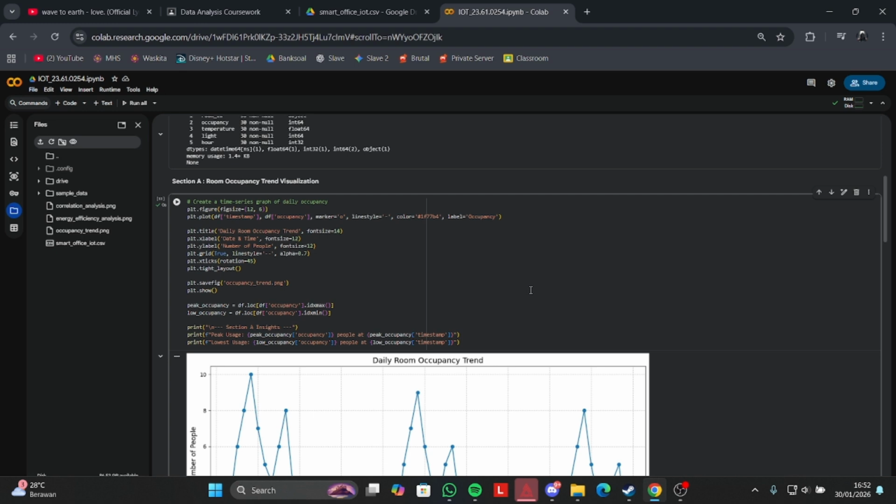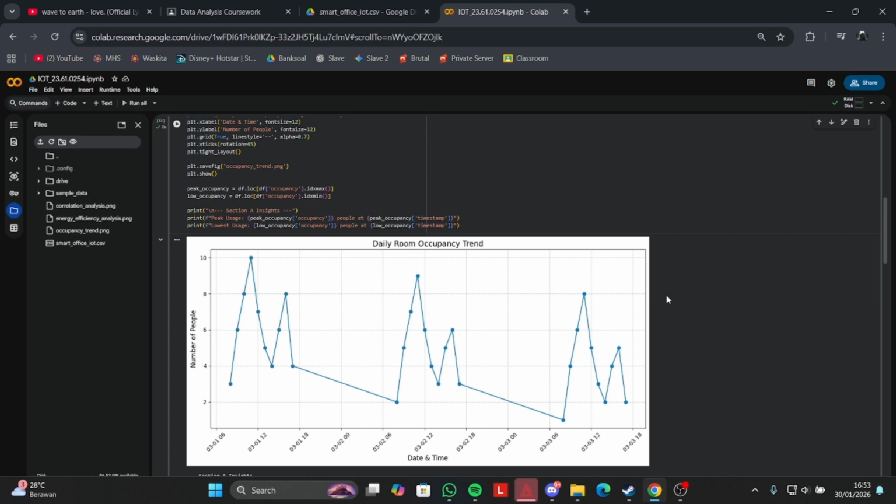Okay, let's get into the code. As you can see, here's the code. I'm showing the peak usage and low usage. Okay, back to the visual.